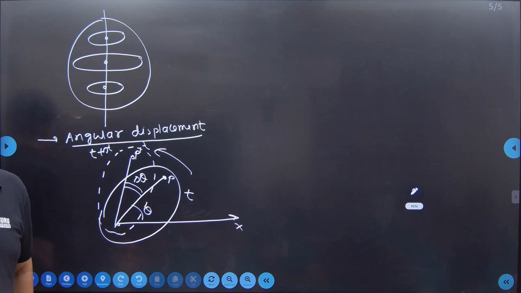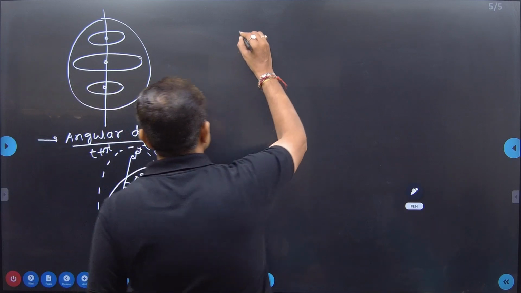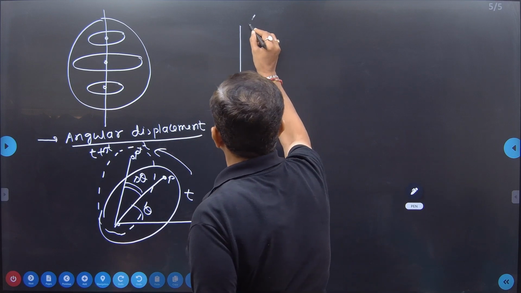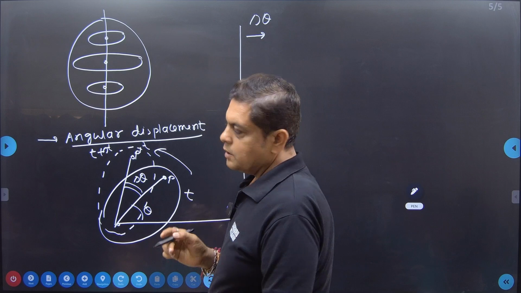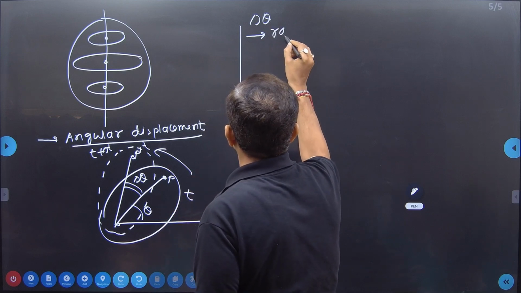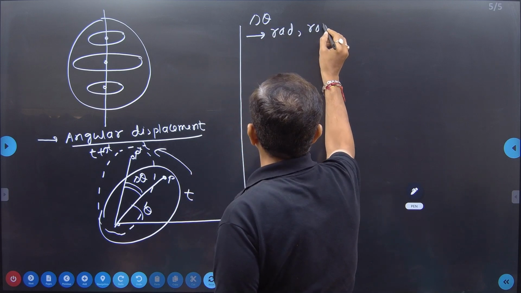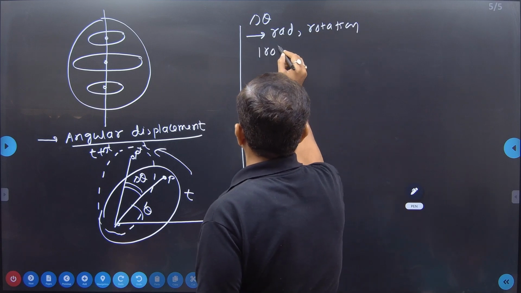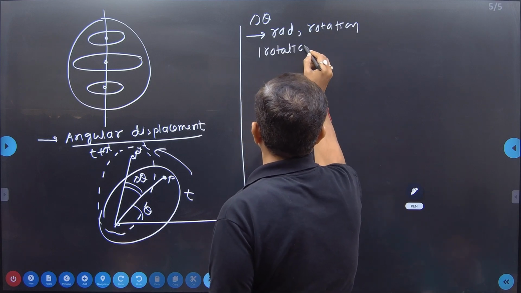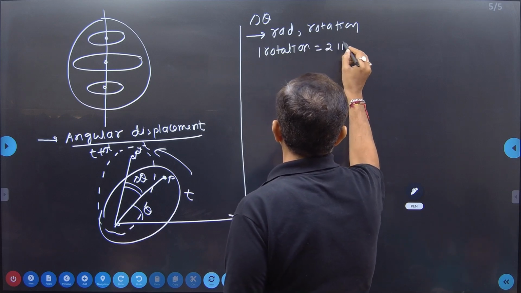Normally, angular displacement delta theta is measured in the unit radian or rotation, and one rotation is 2 pi radian.